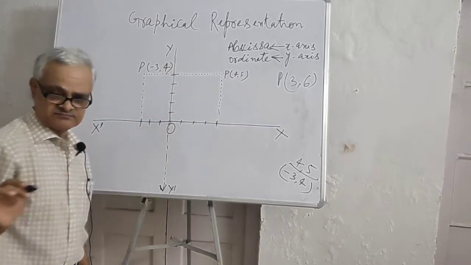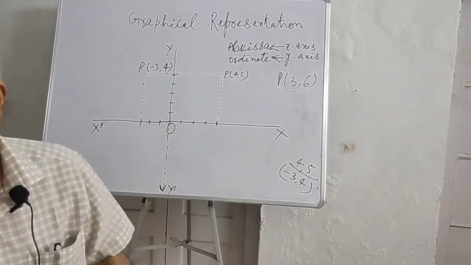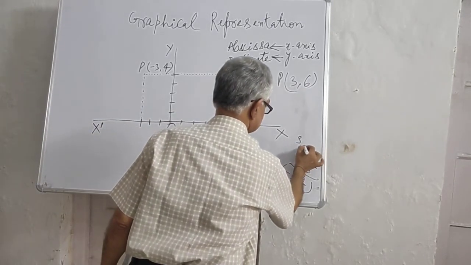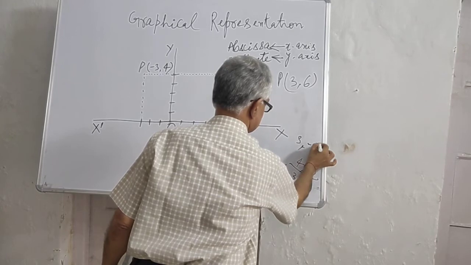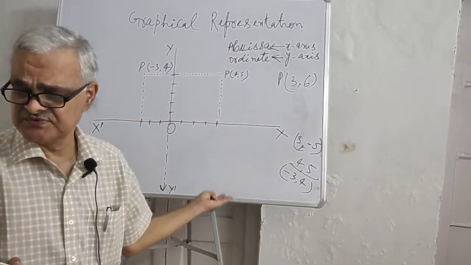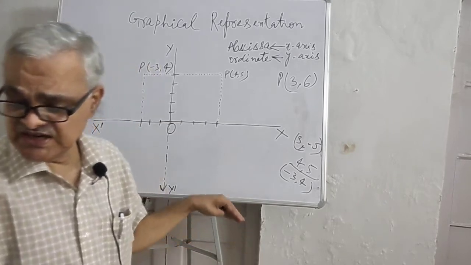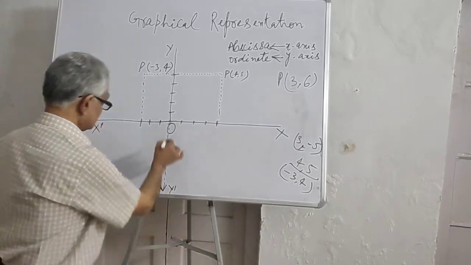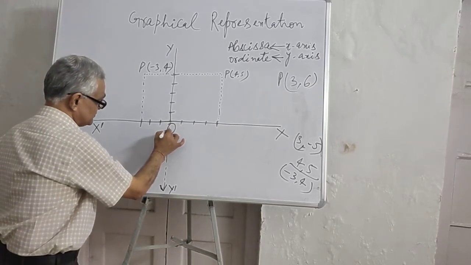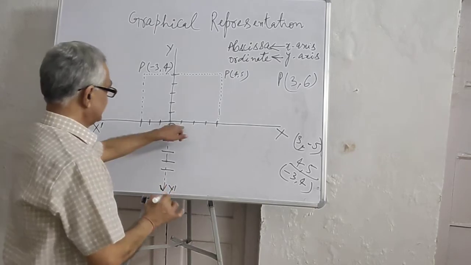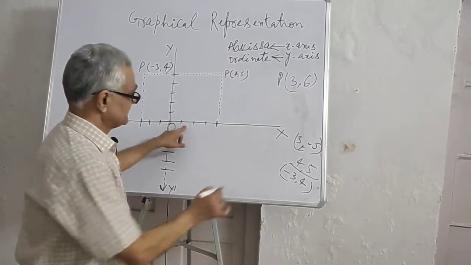We can also take a point in which we are having 3 minus 5. It means the x-axis is positive with 3, whereas the y-axis is negative with -5. So -5 we have to locate 1 2 3 4 5 and 3.